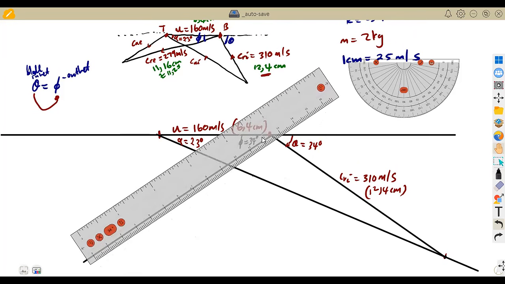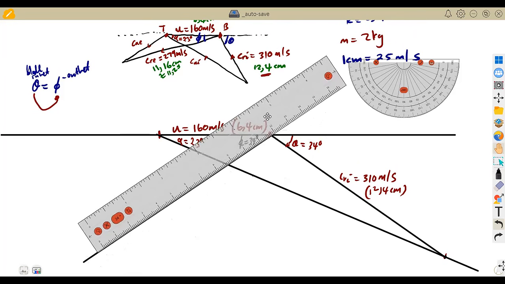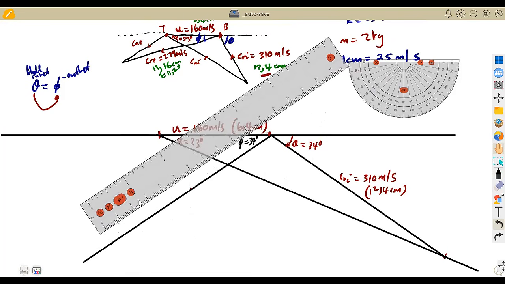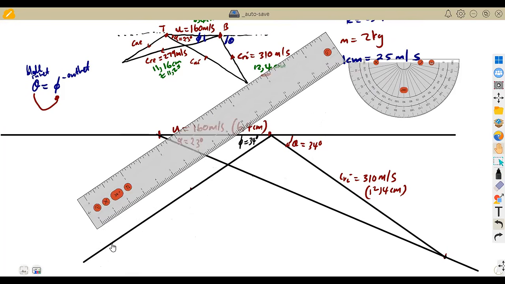So 11,2 is somewhere here. So I'm just going to put this line 11,2 at this point. I'm going to mark at 0 here, so my point is supposed to be taken at 0.